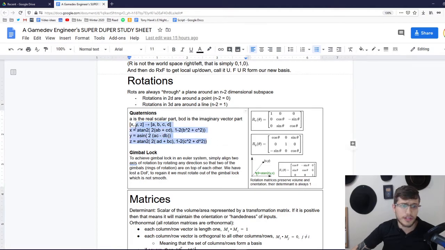Okay, so the other thing is to talk about quaternions. Pretty much the one thing they want to know about quaternions is if you understand Gimbal Lock. Quaternions have 4 elements instead of 3, which would be a traditional Euler angle, an Euler rotation vector. And there's an algebraic operation which you can do to get from one to the other, and that's using the atan and the asin functions.